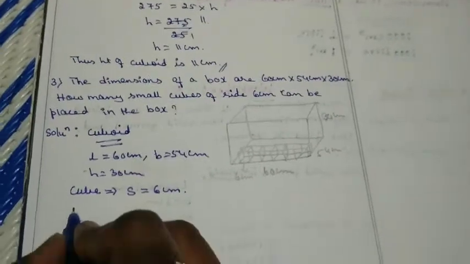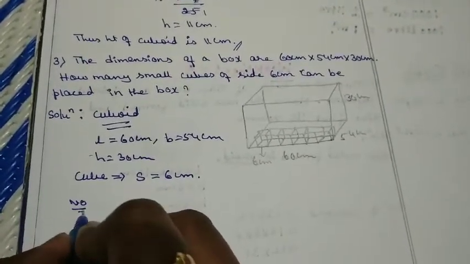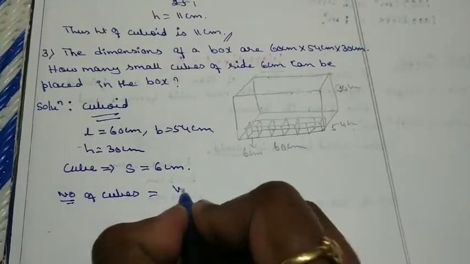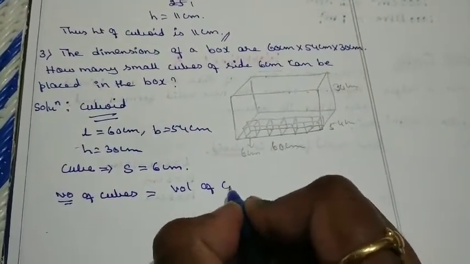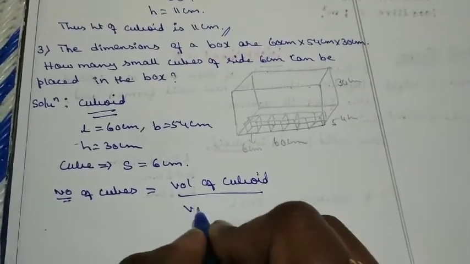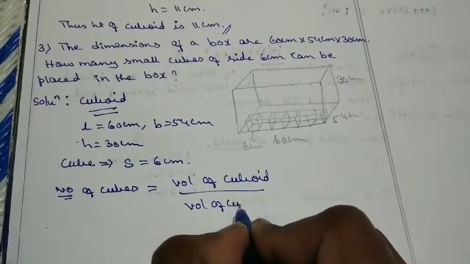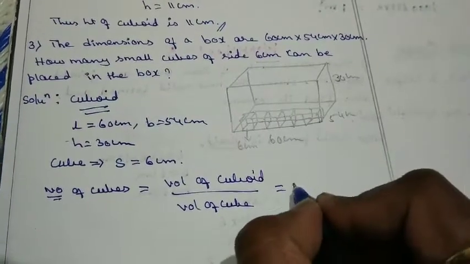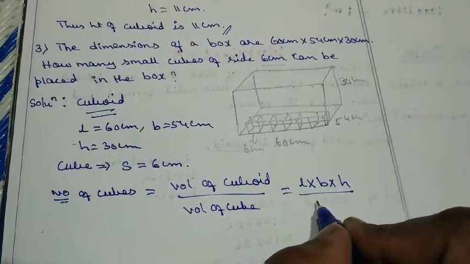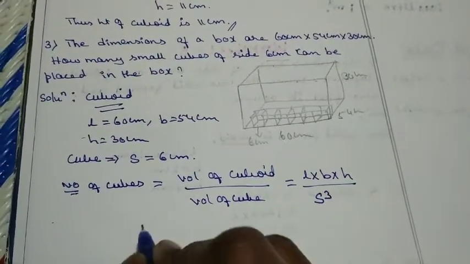Then number of cubes that can be placed is nothing but volume of cuboid divided by volume of cube. Then volume of cuboid is L into B into H divided by volume of cube, which is side cube. Then substitute the values.